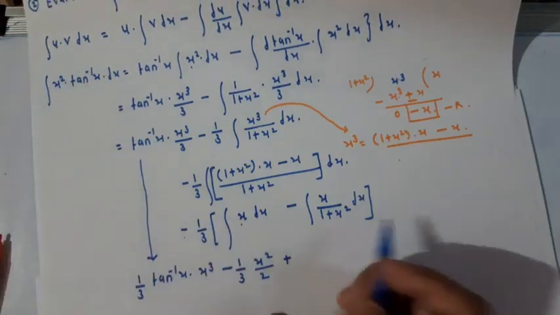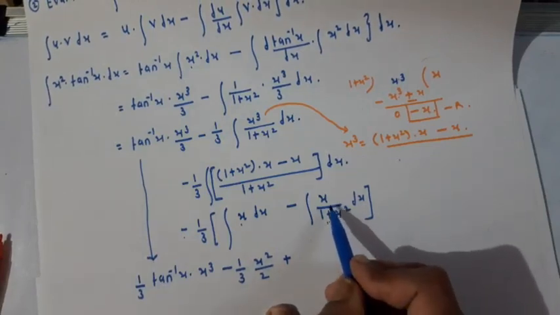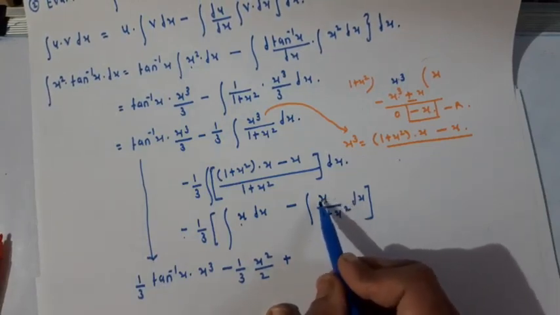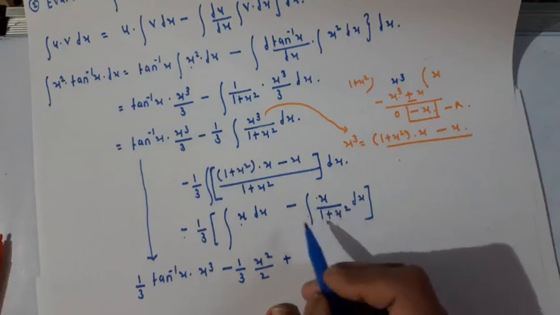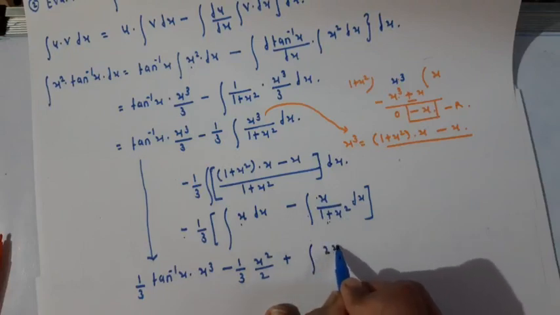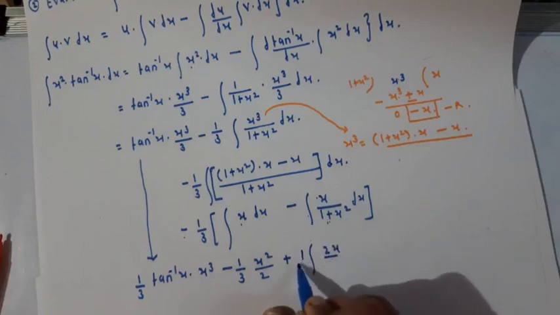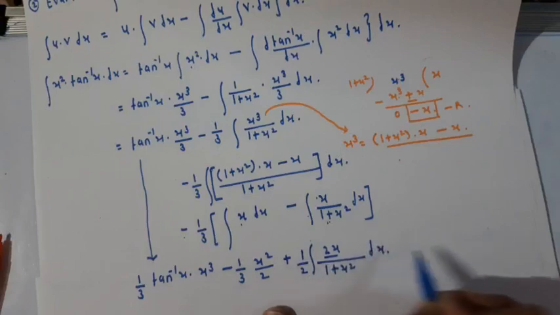And students, to solve this integrand, we can adjust here, that is multiply and divide by 2. We can write this as 2x, multiplied by 2 and divided by 2, divided by 1 plus x square with respect to x.